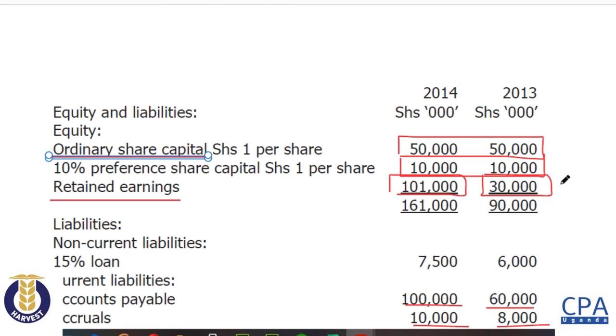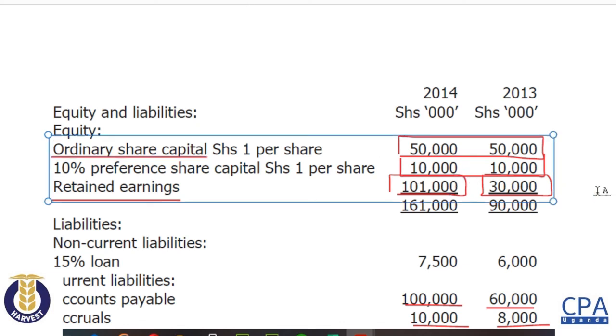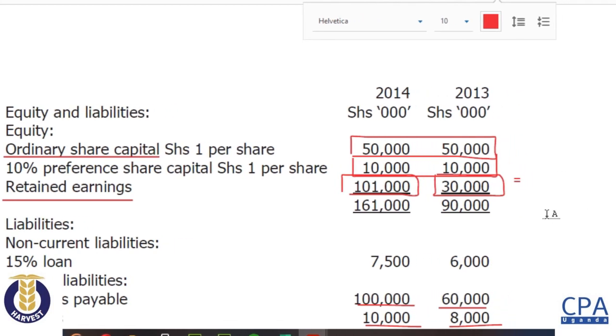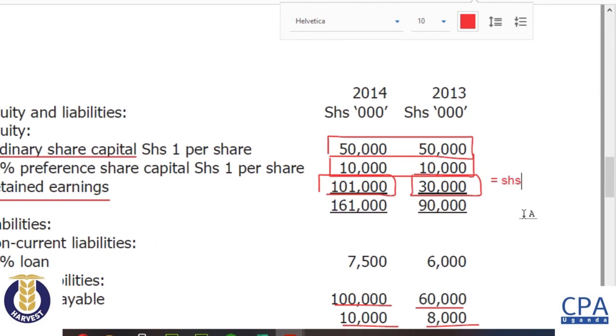So you need to first of all check the difference between the opening balance, which is the balance from 2013, and the closing balance, which is the balance for 2014, and check the difference here. So when I get my calculator, 101 minus 30, that gives me a figure of 71 million.